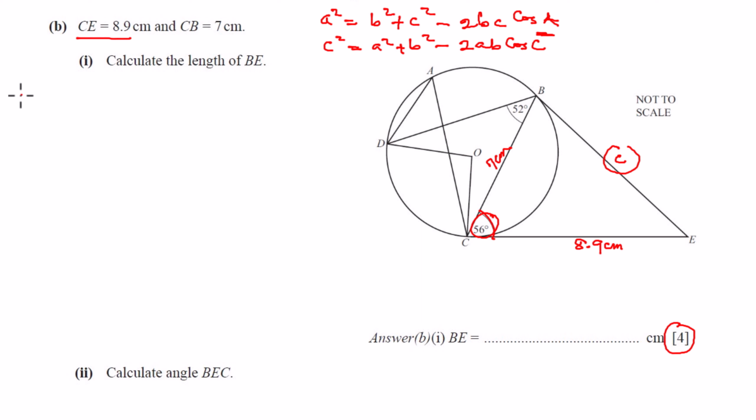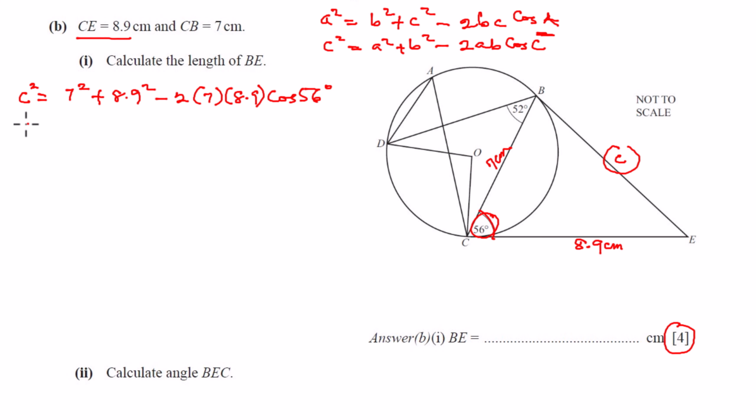We are looking for c, so c squared is equal to 7 and 8.9 will be our a and b respectively. So I have 7 squared plus 8.9 squared minus 2 into 7 into 8.9, then cos 56 degrees.